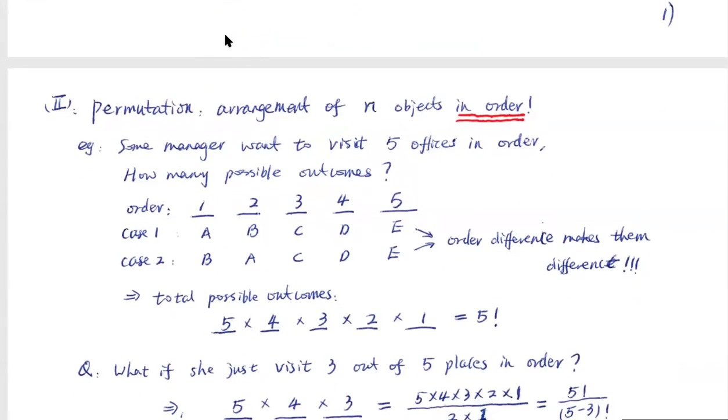We call this permutation. In this case, we are putting those objects together and the order matters. Which one first, which one second, it matters. That's the permutation, one of the 2 most important concepts.